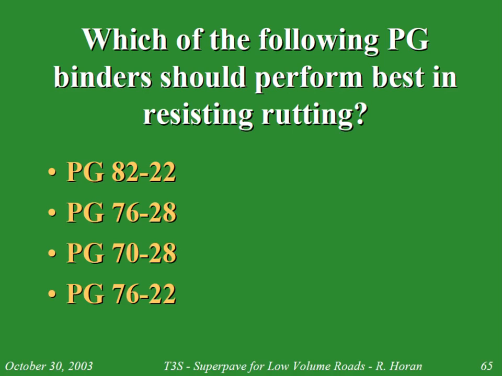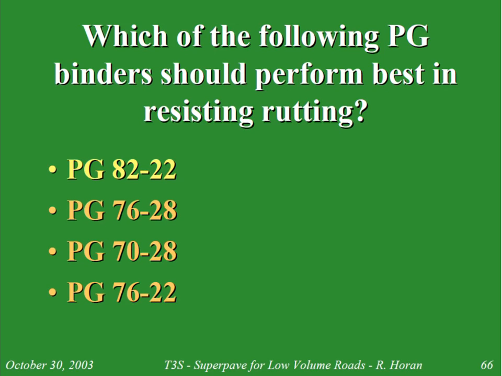Okay, so which binder here can support the highest temperature? Well, that highest temperature corresponds to the first set of numbers, right? So 82 degrees C, 76 degrees C, 70 degrees C, and 76 degrees C. All right, so the one that handles the highest temperature is going to be the first one, 82 degrees C. Okay, so therefore this is going to be the best binder to prevent rutting of these 4.